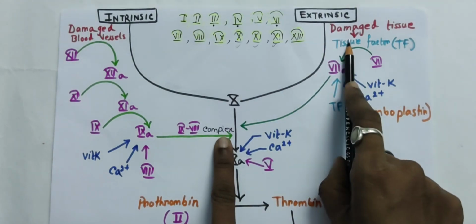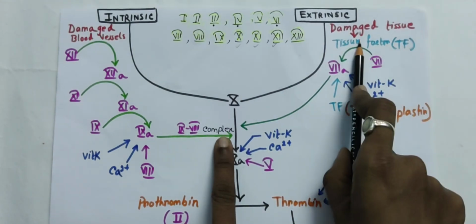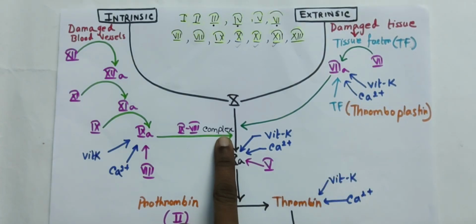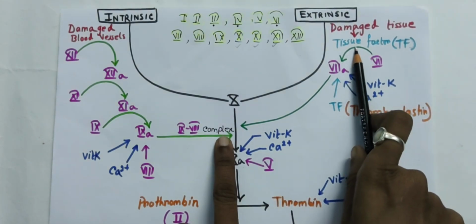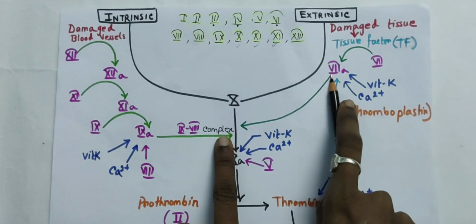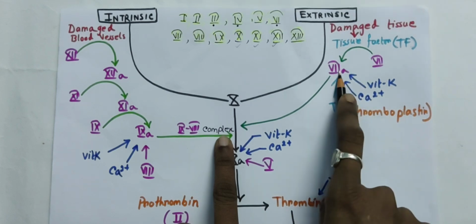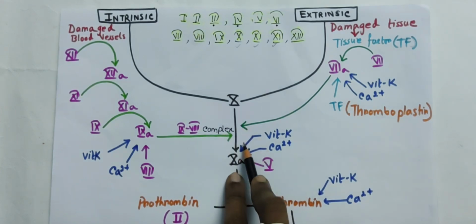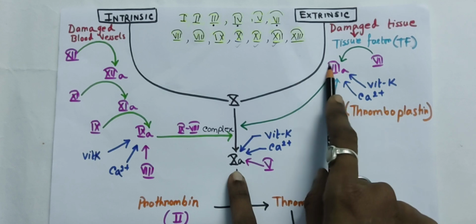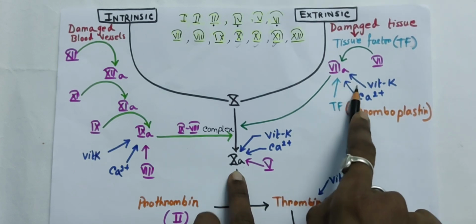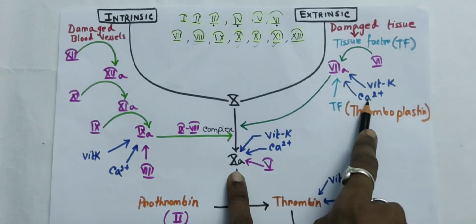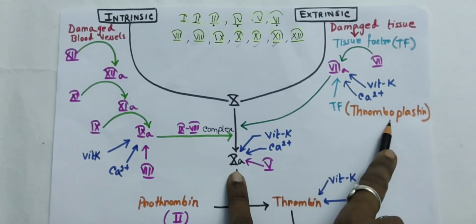Now come to the extrinsic pathway. What happens here? Damaged tissue forms the tissue factor, which is also called thromboplastin. That thromboplastin activates factor 7. Activated factor 7 also comes at this stage to activate factor 10. But 7 can activate it with these three components: vitamin K, calcium and tissue factor, that is thromboplastin.